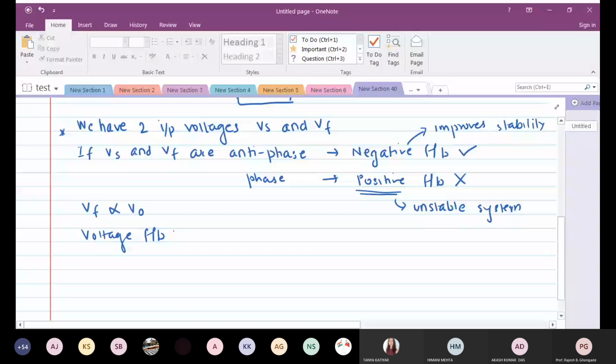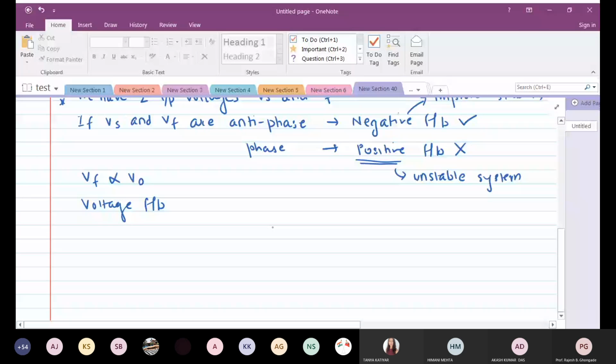Okay, so we can connect this Vf in two ways as far as the input is concerned. Let us see in how many ways you can do it.